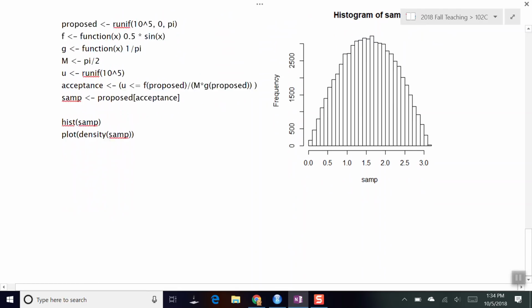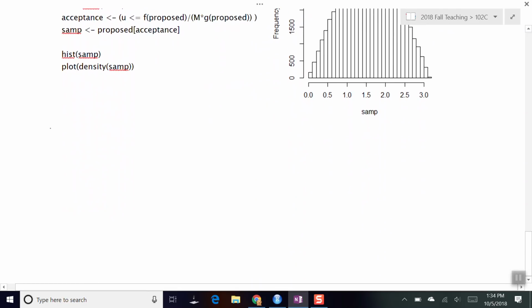So we'll have rejection sampling, the general case, so not necessarily a uniform proposal.